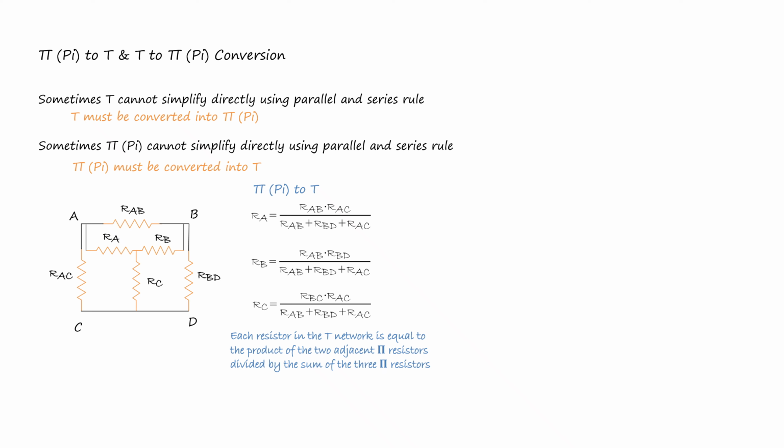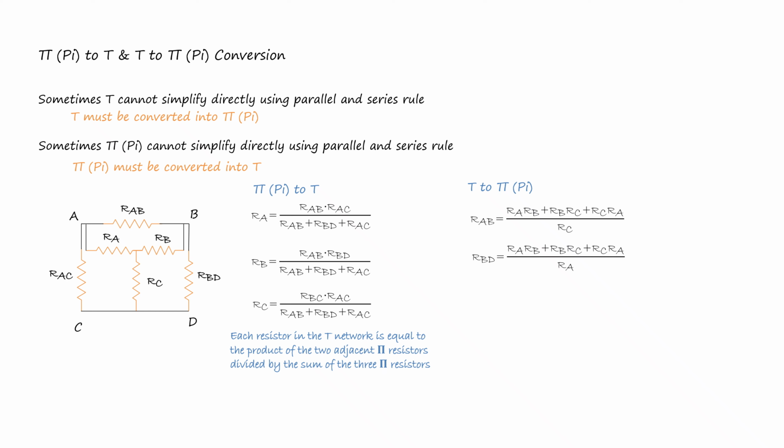Now let us see the T to pi conversion. Let us start from finding RAB. RAB is equal to RA times RB plus RB times RC plus RC times RA, divided by RC.